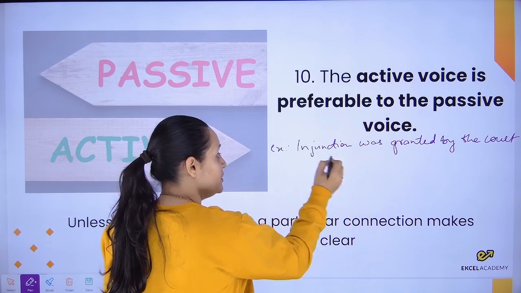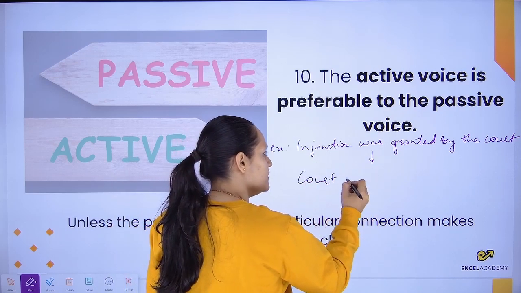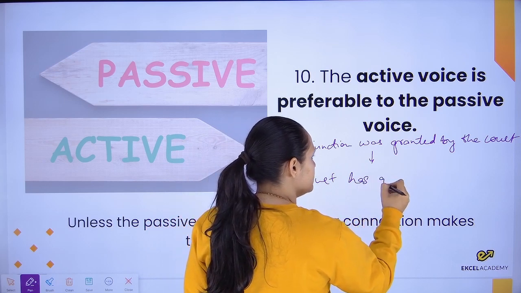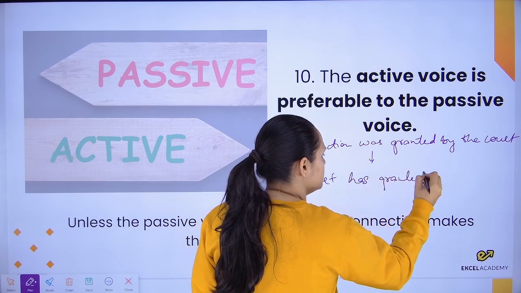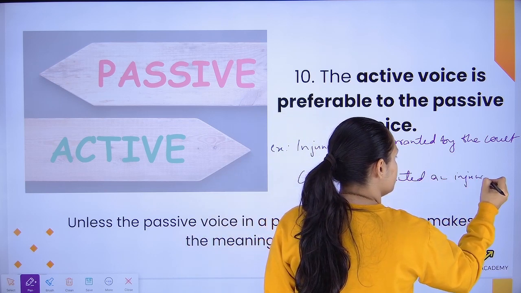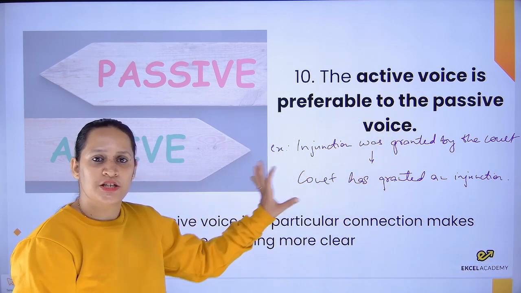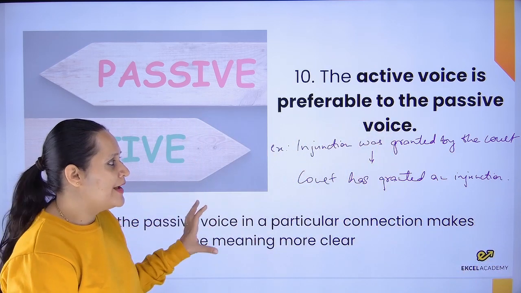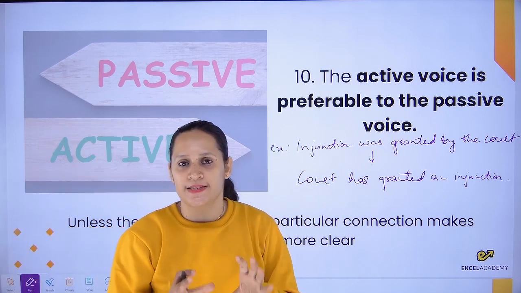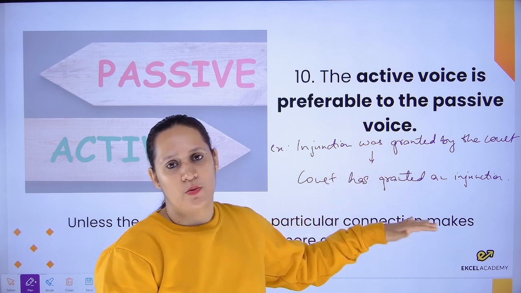The same thing can also be communicated like "Court has granted an injunction." So, the language or the communication is same. What we are trying to communicate, both the sentences are communicating the same thing. So, they are saying that as far as possible, try to use the active voice over the passive voice.